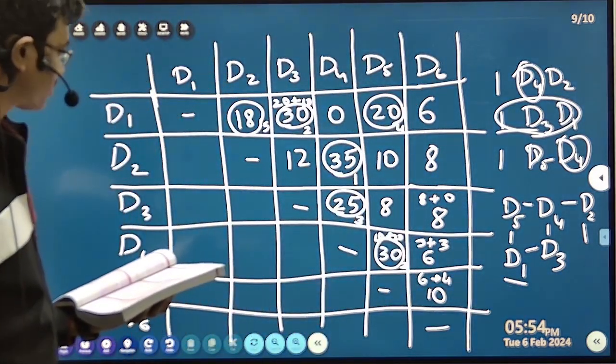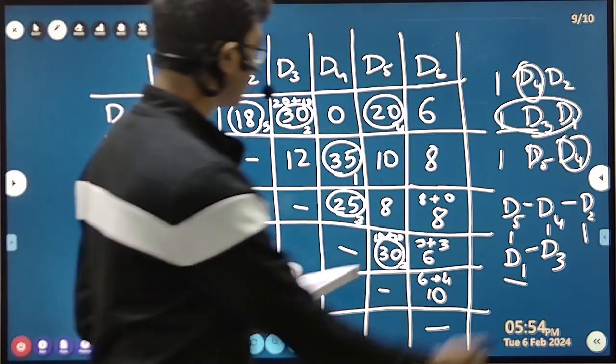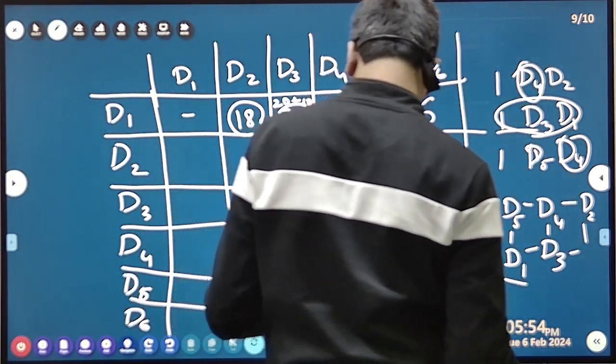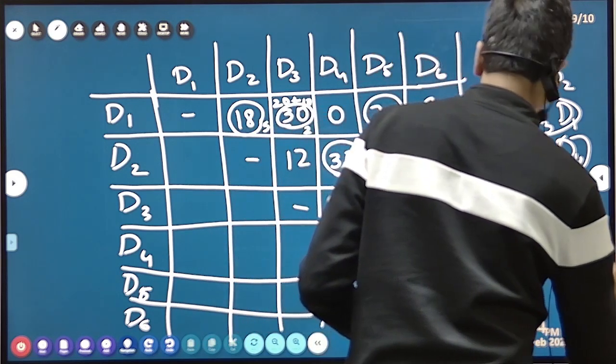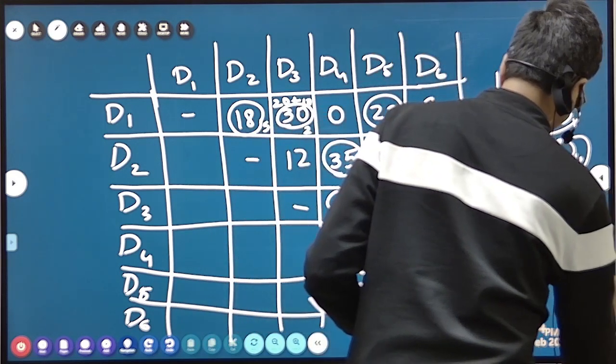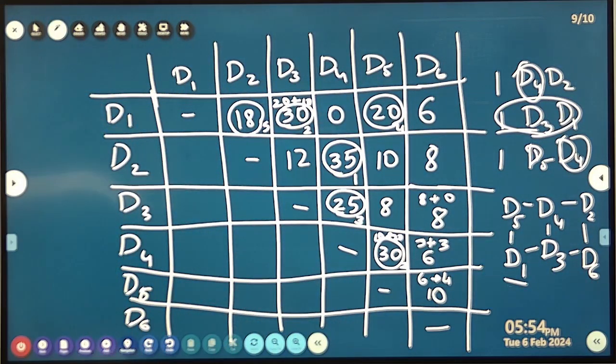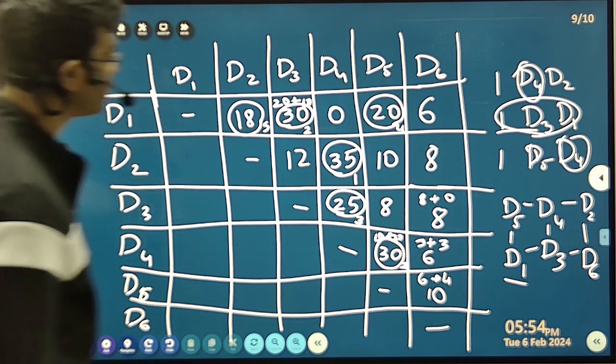So this might be more efficient. Now we have only one left, D2 with D6. So this setup might have the least cost.